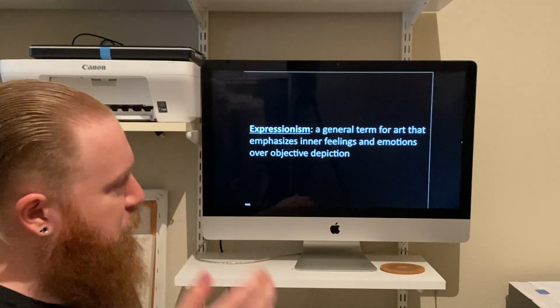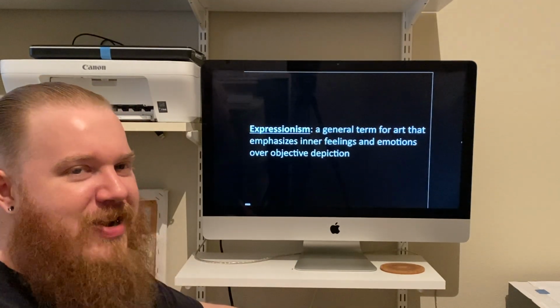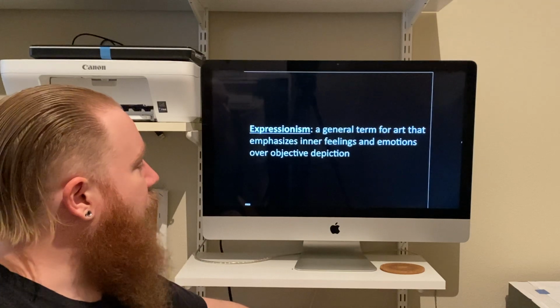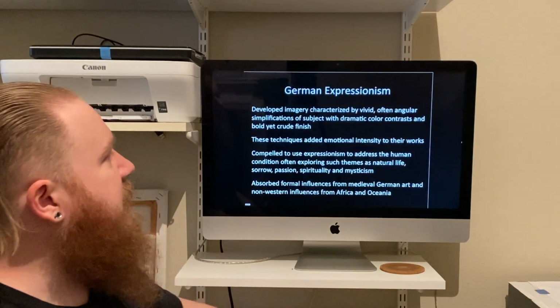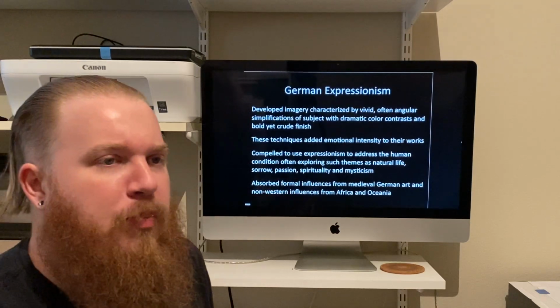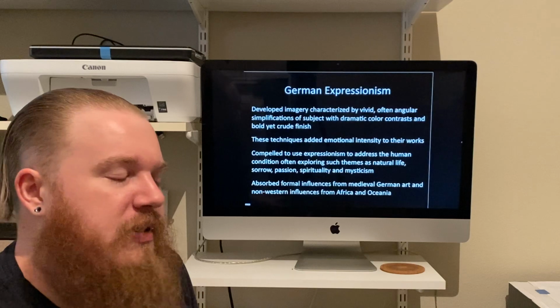So Expressionism, once again, is a general term. There are still technically expressionist artists today. However, it evolves over time. But in the early days, Expressionism is really embraced in Germany. And so German Expressionism is really what kicks it all off.